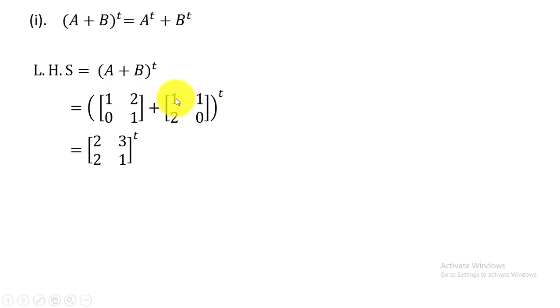In matrix B, the first element is 1. So 1 plus 1 is equal to 2. 2 plus 1 is equal to 3, 0 plus 2 is equal to 2 and 1 plus 0 is equal to 1. This matrix is the sum of matrix A and B. Now we take the transpose of this matrix. So the transpose of that matrix is equal to the matrix having elements 2, 2, 3 and 1. This is equation number 1.